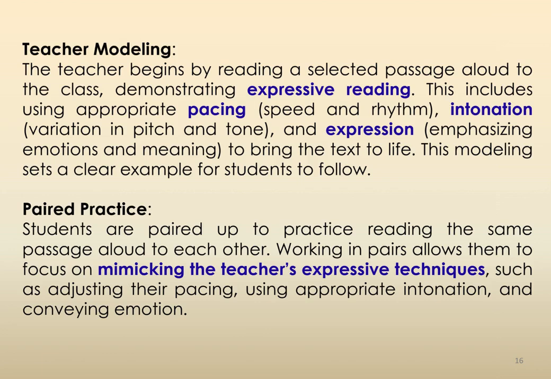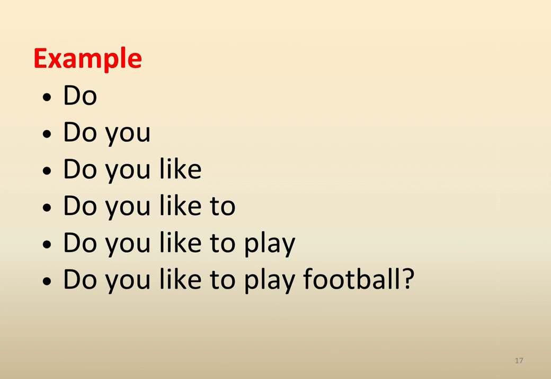You can see a fantastic scaffolding technique on this slide. We have the students build up a sentence step by step. For example: do you like, yes, this is the next one, yes, do you like to play football? This builds rhythm and eliminates hesitant word by word reading.